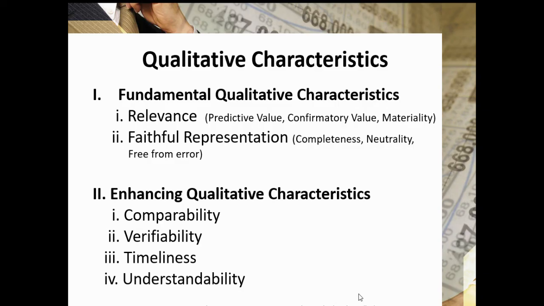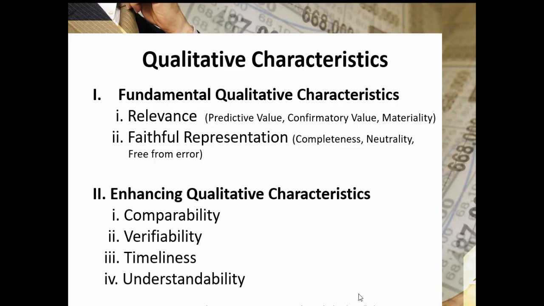So completeness, all information necessary for users to have a complete understanding of the financial statement is provided. Neutrality, information is selected or presented without bias. Information is not manipulated to increase its favorability or decrease its unfavorability. And it's free from error.